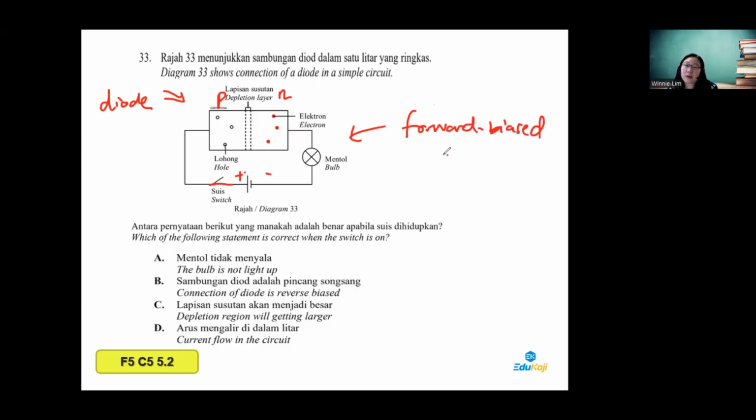Forward bias allows current to flow, because the electrons can drag across the depletion region, causing the depletion region to become thinner. When it becomes thinner, resistance is lower. So the bulb is not lit up, that cannot be. Reverse bias is wrong. Getting larger is wrong. Current flows, yes. So the answer is D.